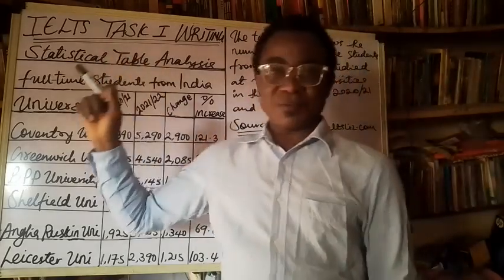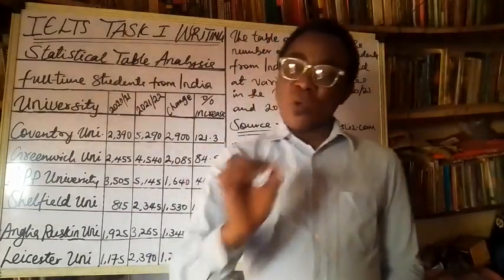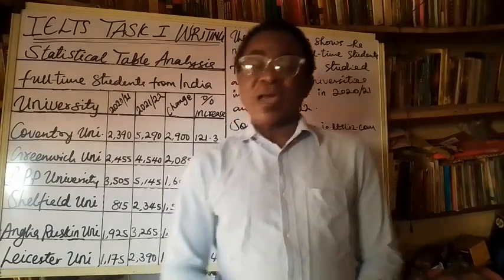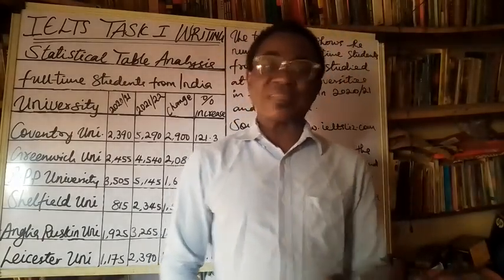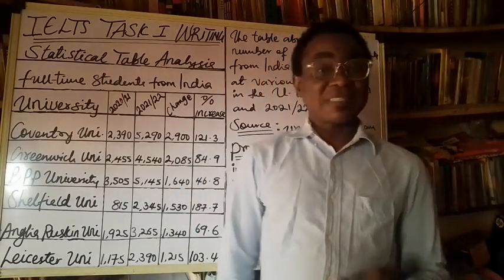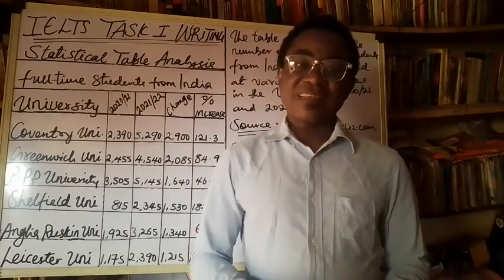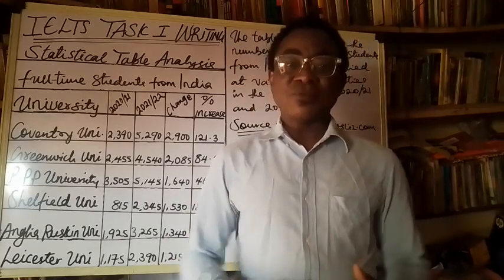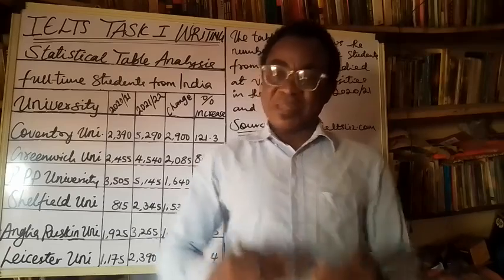The word count for IELTS Task 1 writing is 150 words. Now, word count refers to the least number of words to be written, not the limit. The least. What this implies is that the candidate is required to write above 150 words, but not below it.